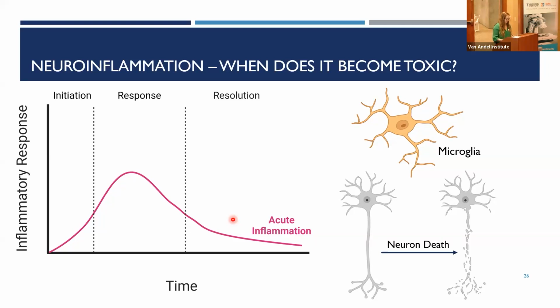This becomes an issue though when we have what we call chronic inflammation. And that's this purple line here, where your body starts an immune response, or these microglia in your brain start an immune response, and then this immune response never decreases. It just stays elevated.